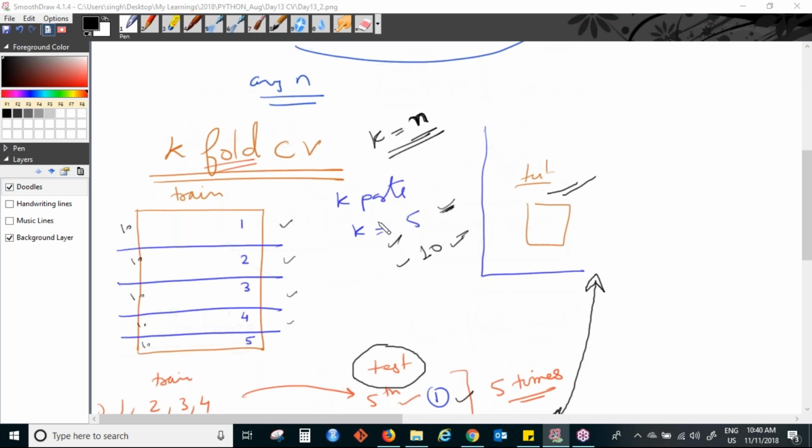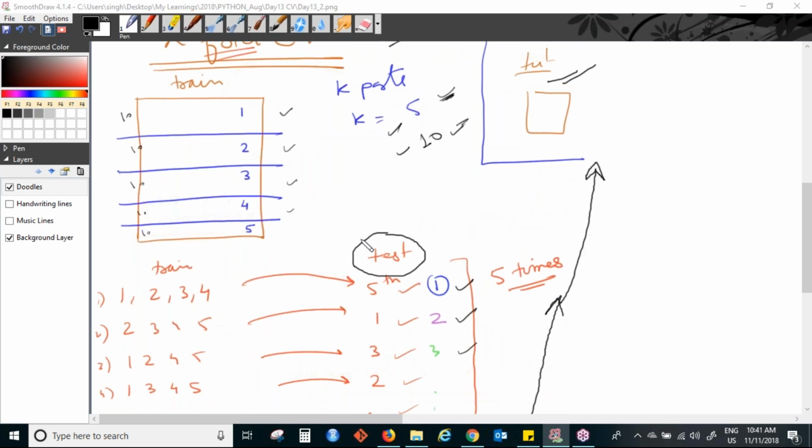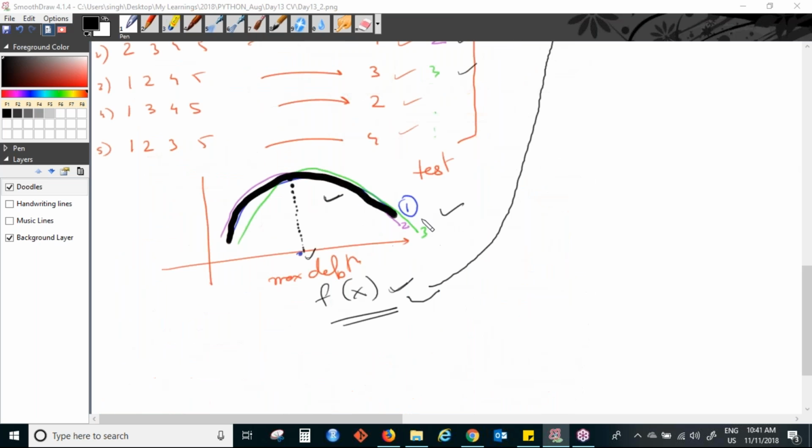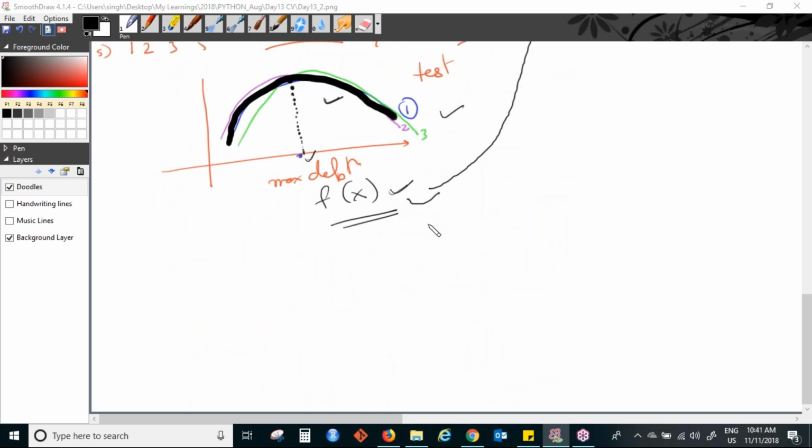Okay, so this is all about k-fold cross validation. Now coming to the question which I think Sinoj asked: why are we talking about cross validation now, while we are doing CART, classification and regression trees? Why did we not talk about this during linear regression or logistic regression?